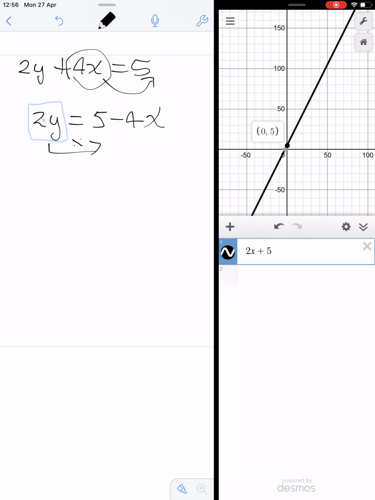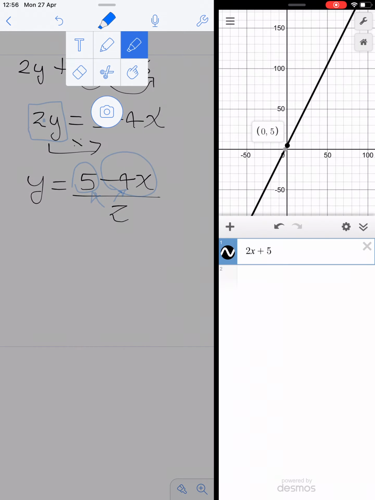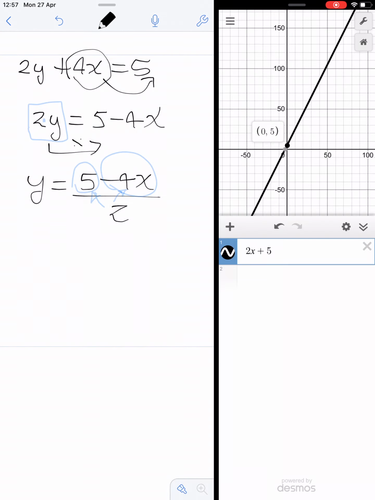Okay, therefore y is going to be equal to 5 minus 4x divided by 2. We have in the expression the number 2 dividing both terms, the number 5 and minus 4x. Therefore, we are going to split this out. At the end, we will have y equal 5 over 2 minus 4x over 2.